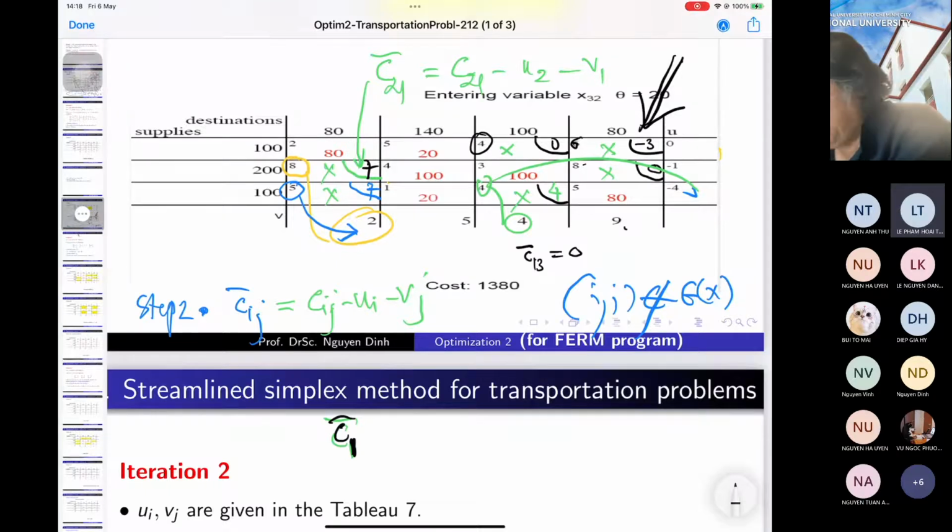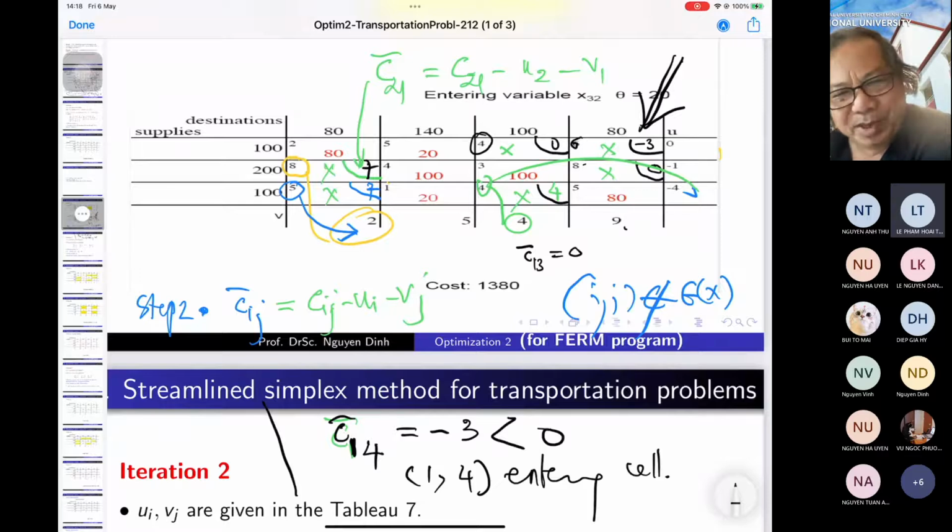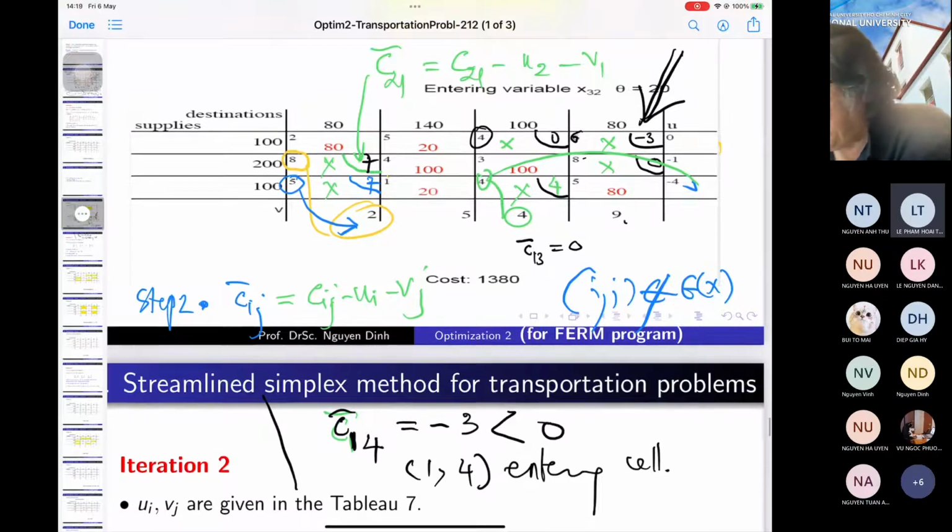C bar 1 4 is equal to minus 3, it is negative. So what can you say? In this case, 1 4 is the entering variable, or entering cell. Is that okay? That is the entering cell.